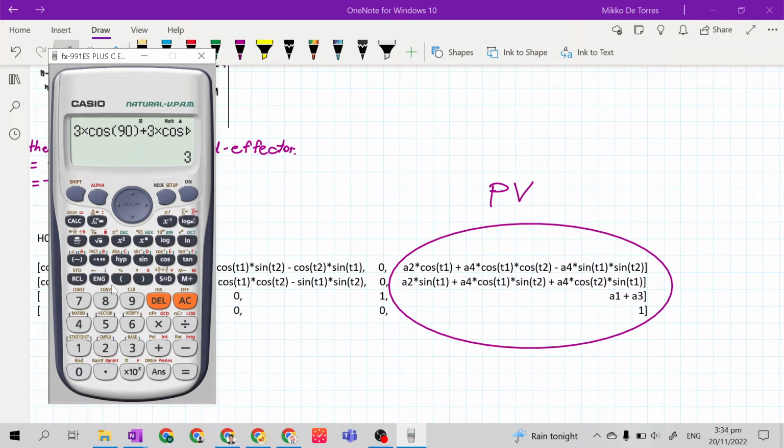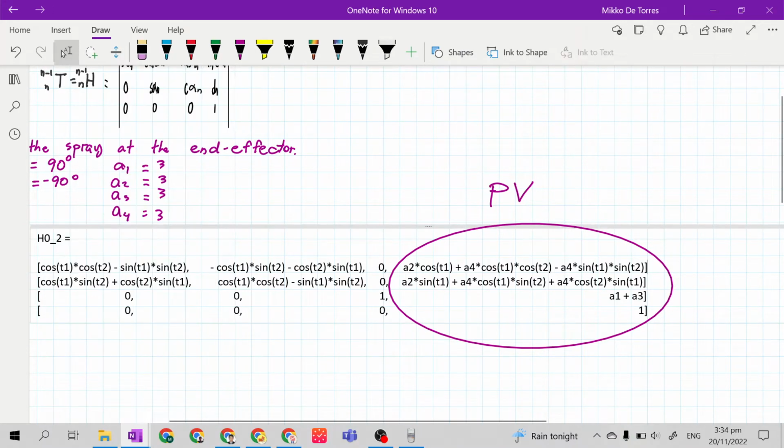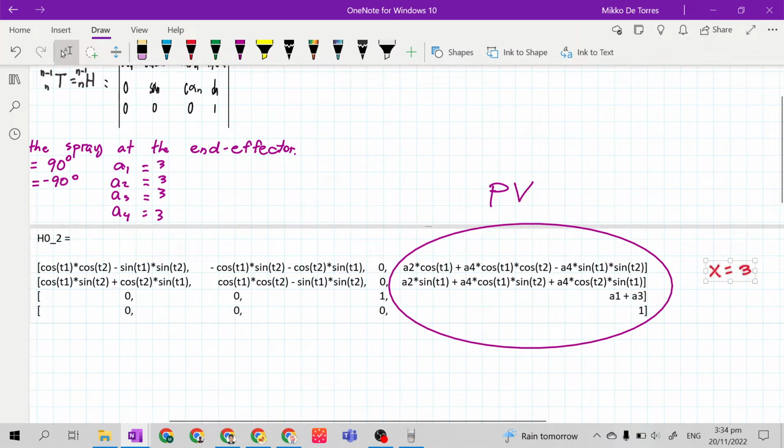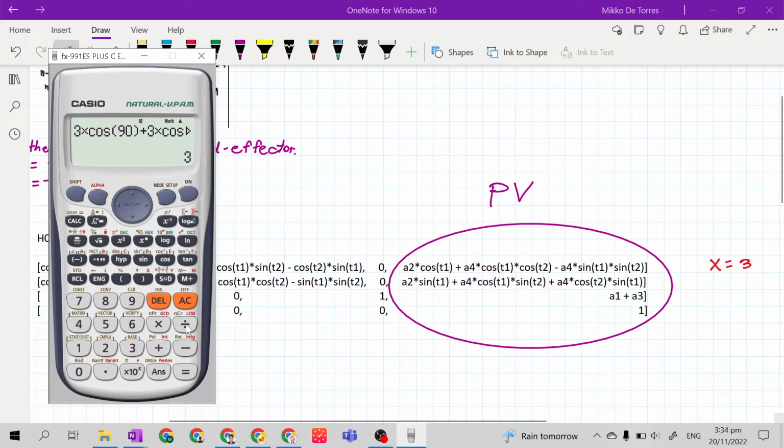So the answer is 3. The first row, or the first element of our position vector, is the x coordinate. Next is the y element, or the y coordinate.